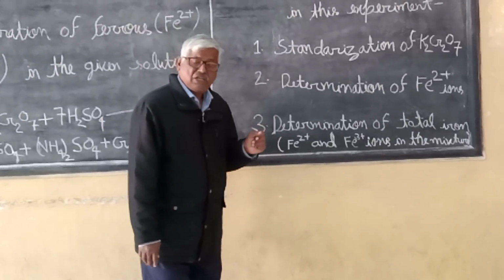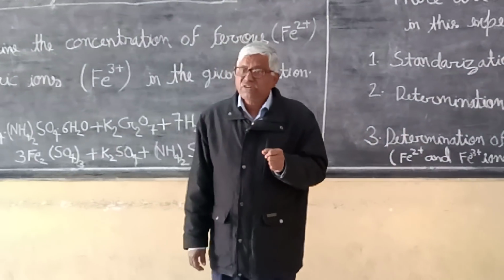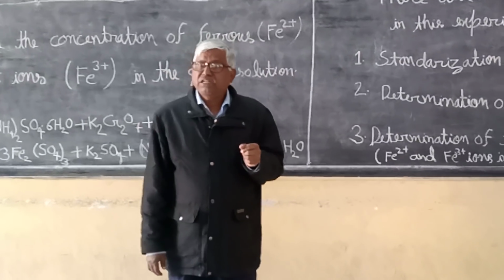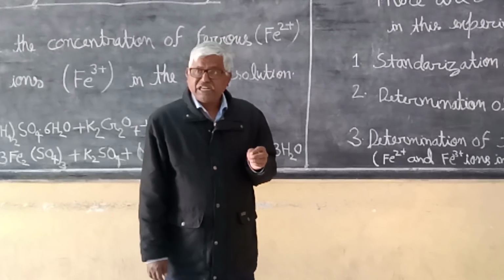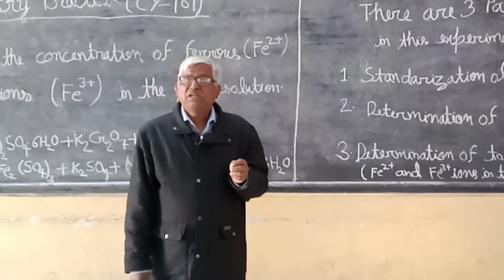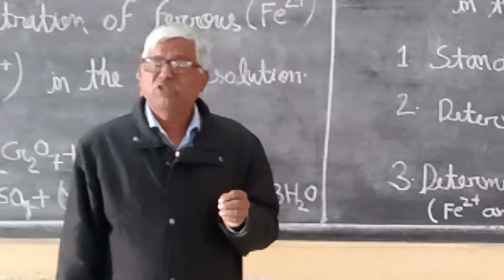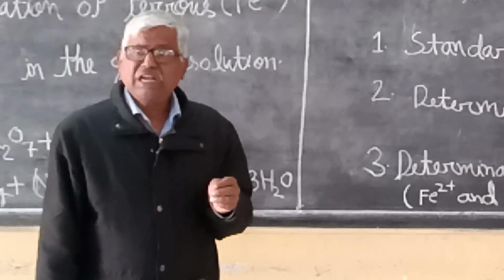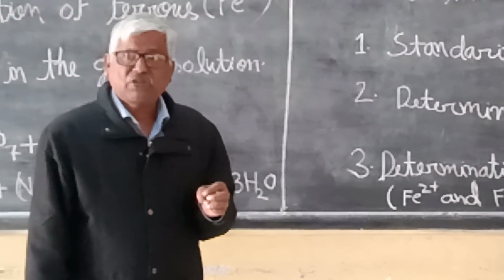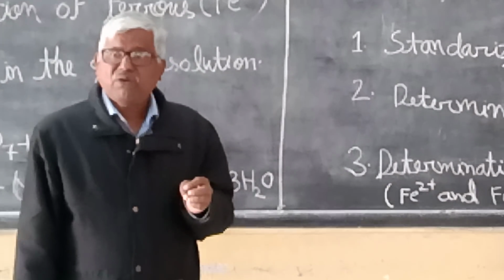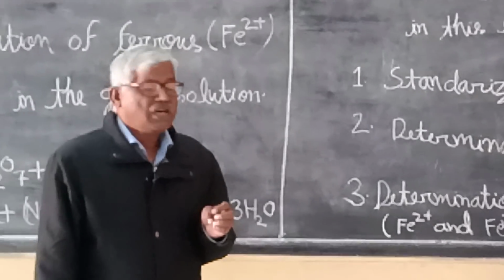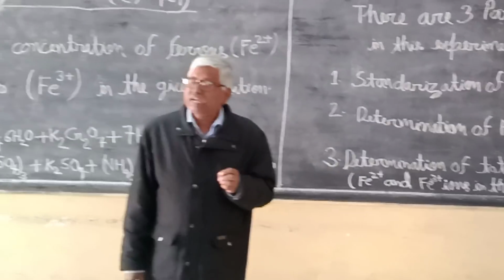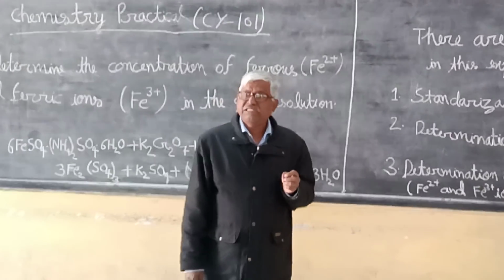In the first case, we take 10 ml of standard solution of ferrous ammonium sulfate and titrate with potassium dichromate, using N-phenylanthranilic acid as an indicator.